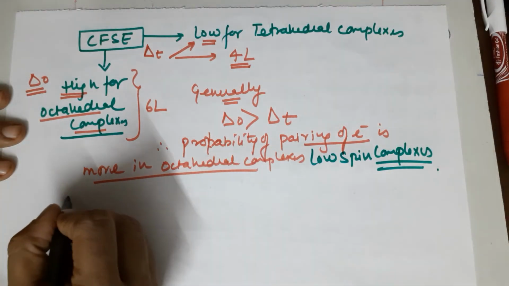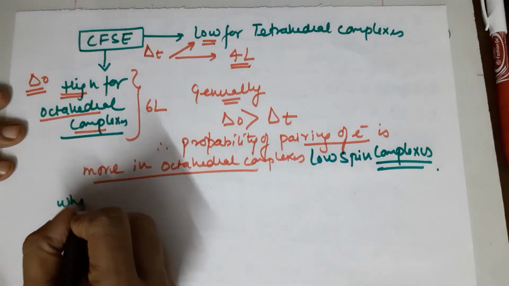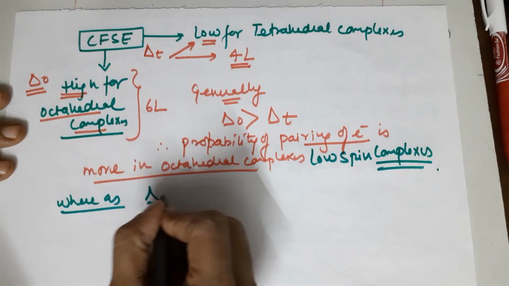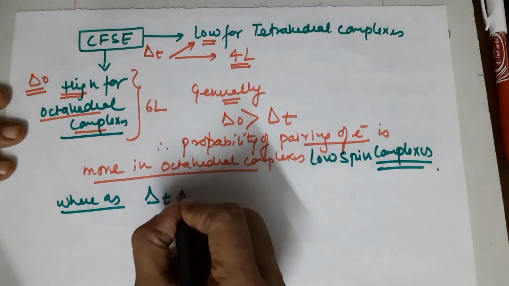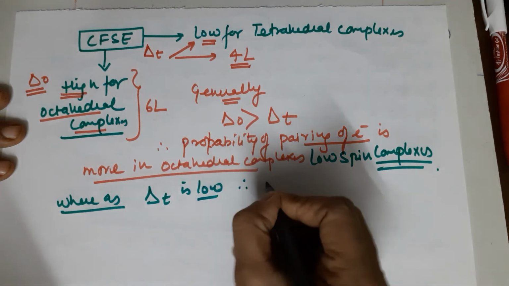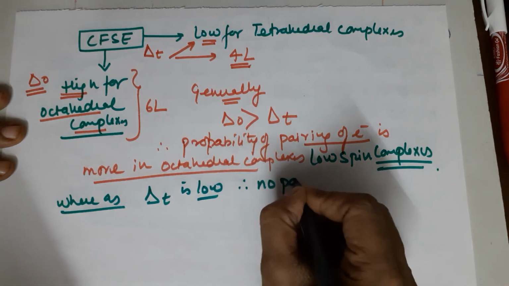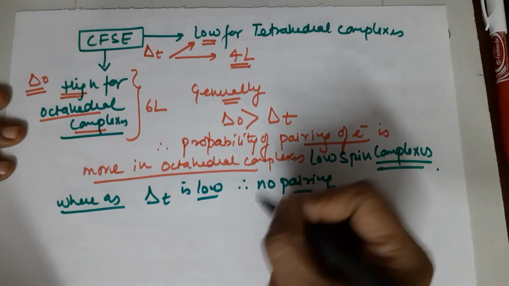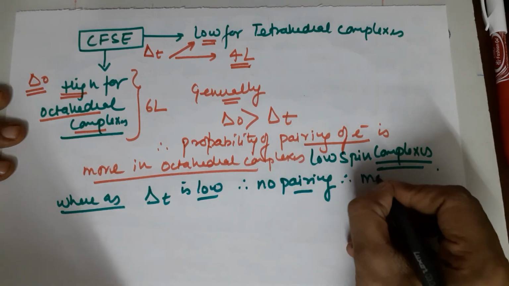Whereas in case of tetrahedral, delta T is low, therefore no pairing, because the electron will jump up, therefore more unpaired electrons.